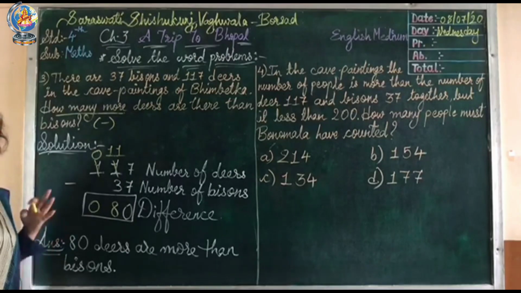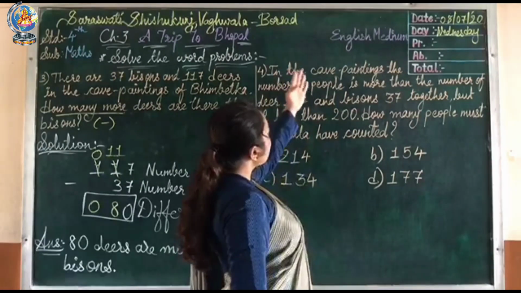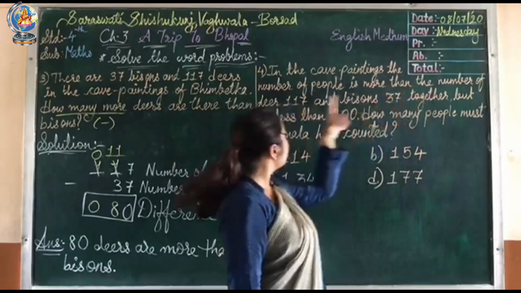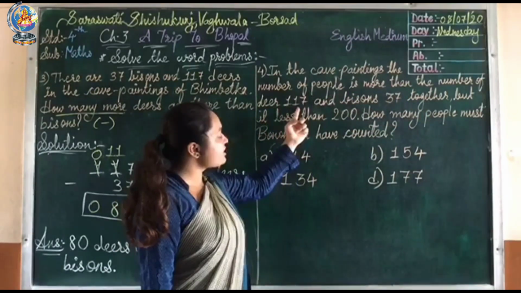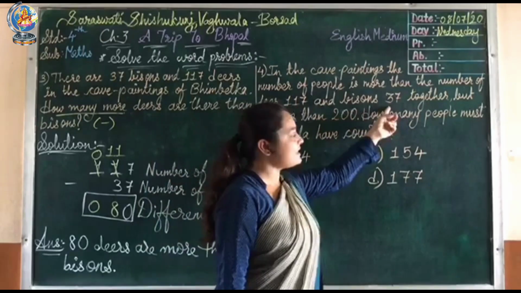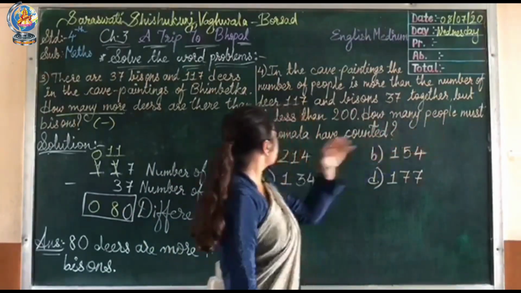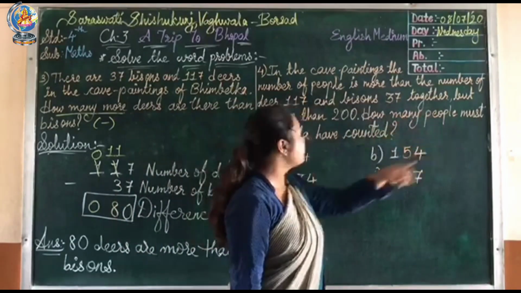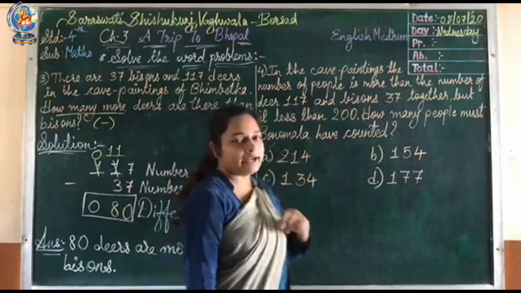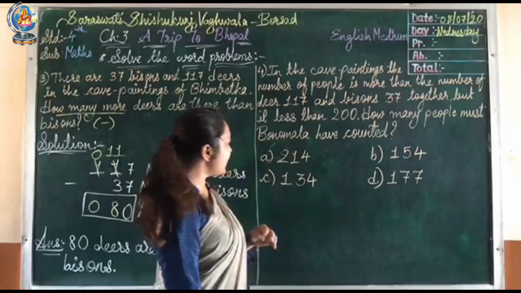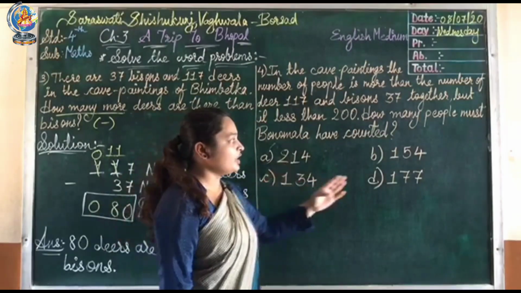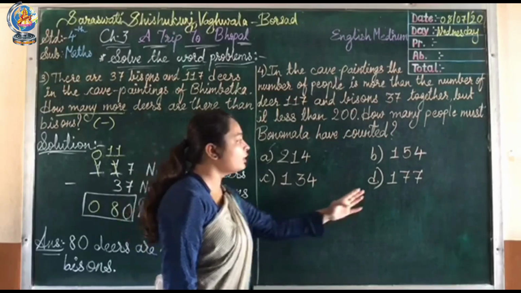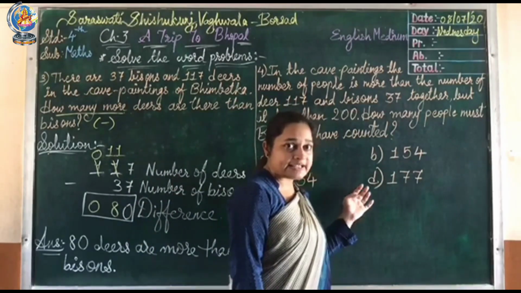Let's go towards the fourth question. In the cave paintings, the number of people is more than the number of deer 117 and bisons 37 together, but it is less than 200. How many people must Bonomola have counted? Options are A. 214, B. 154, C. 134, D. 177.